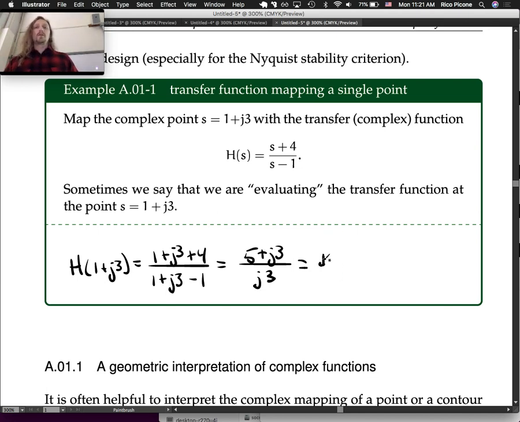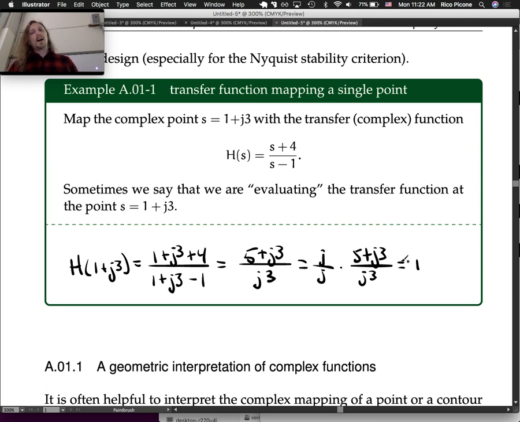So we do j over j times (5 plus j3) over j3. j times j is -1, so we have -3 in the denominator. The real part in the numerator is going to be j times j, which is -1, times 3, is -3, divided by -3, which is what? 1. I know.